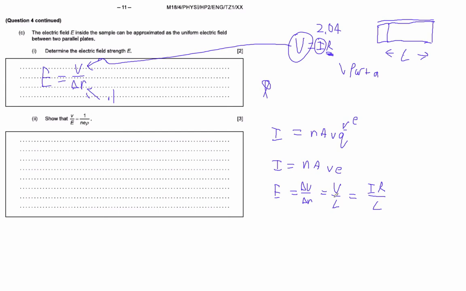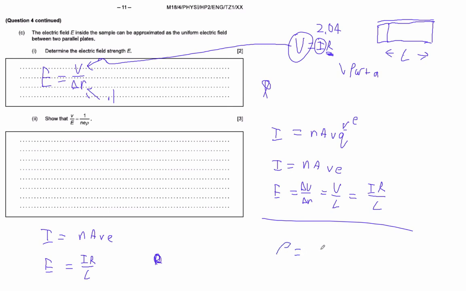Okay, so here's what we've got so far. I've got that E is equal to IR over L. And then what can we substitute in for R? Let's figure this out. Okay, hold on, I'm going to get you an answer here.